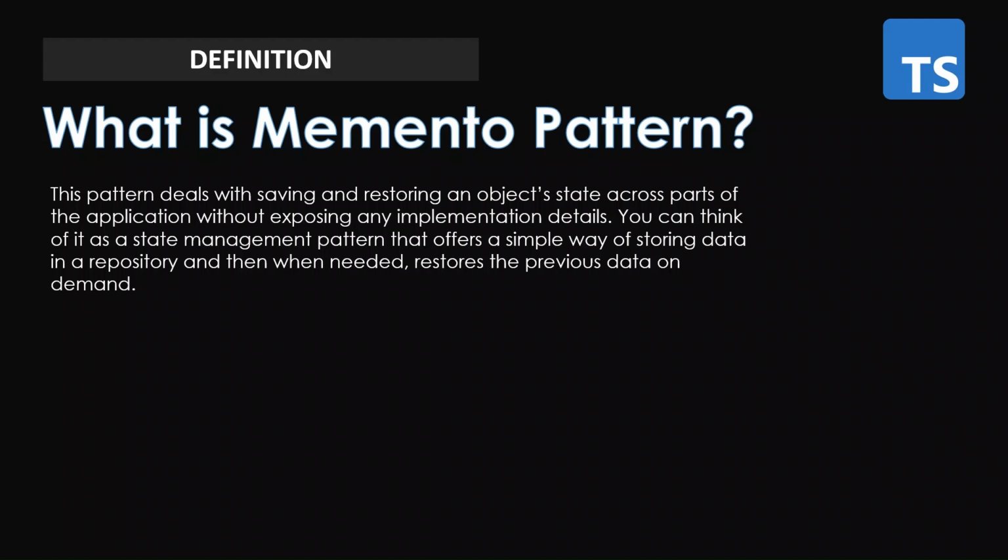Internally you don't need to know what they are doing. They are just saving your state, and you can also restore your state, reset it. So it is like global state management. You can think of it as a state management pattern that offers a simple way of storing data in a repository, and then when needed restores the previous data on demand.